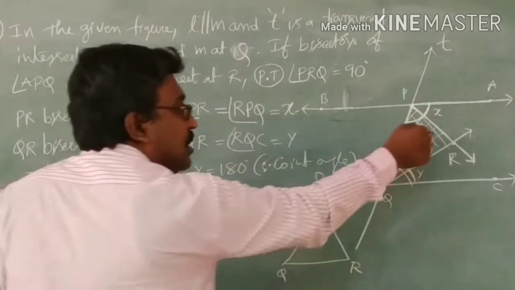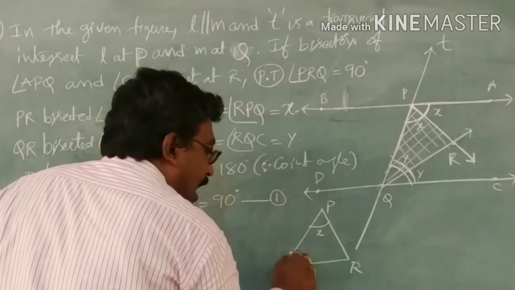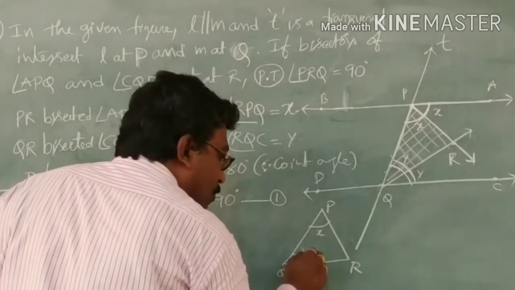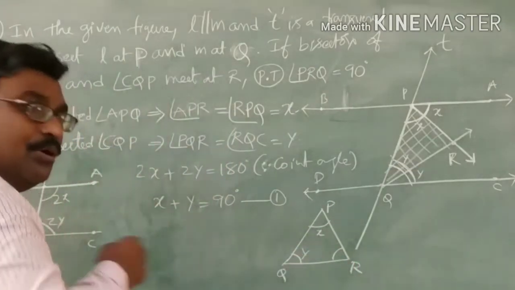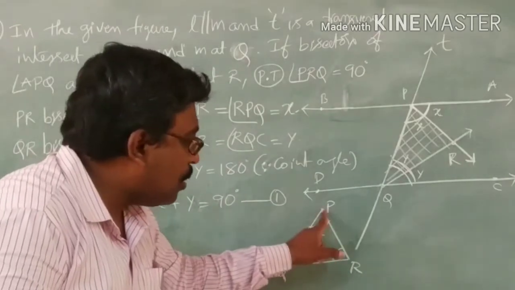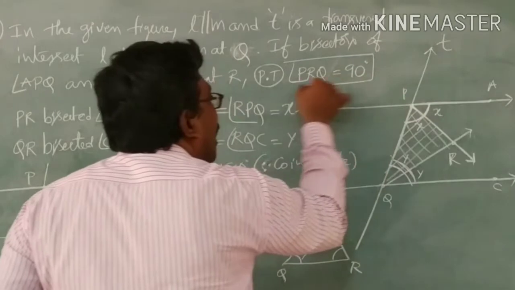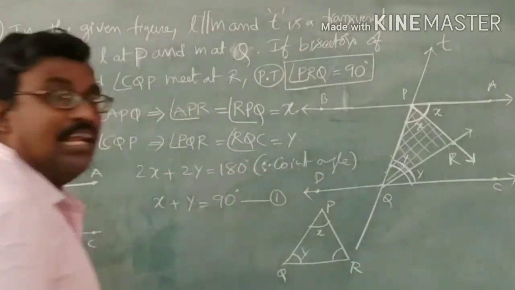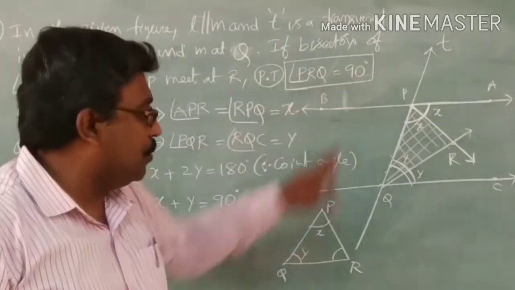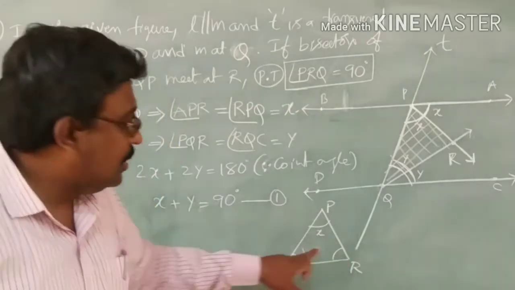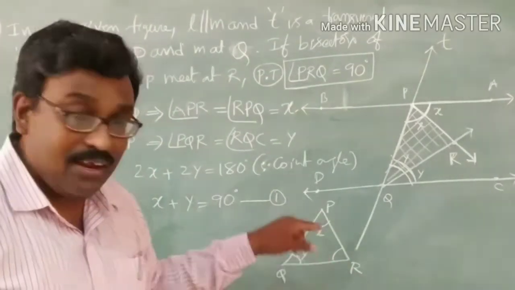Angle P is how much here? X. Angle Q is how much here? Y. Angle R, we don't know. Angle R, PRQ. I want that angle only, PRQ. This angle I found in a triangle.